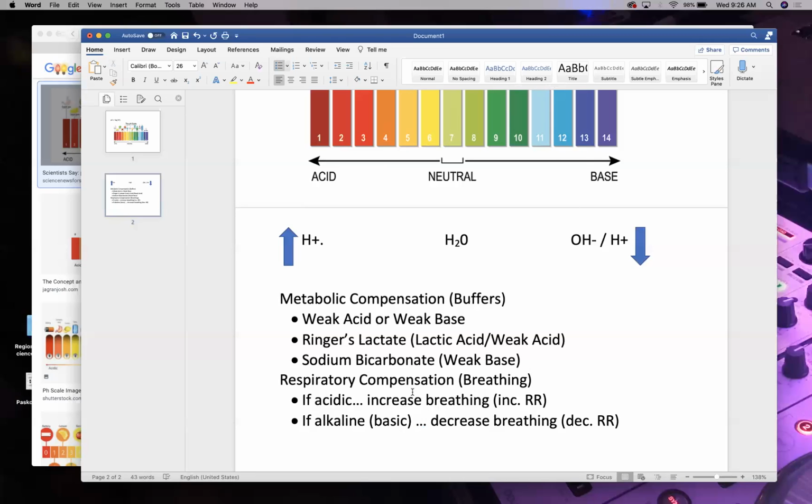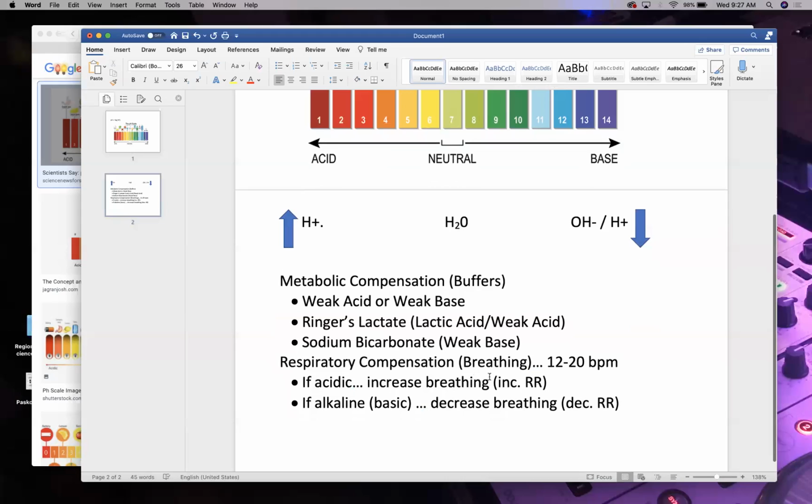Okay, so what kind of question could I ask you? I could ask you, my patient has a pH of 5. What kind of respiratory rate will compensate for it? And you'll tell me increase. And oh, by the way, just as a side note, normal breaths are 12 to 20 breaths per minute. Okay, so anything lower than 12, it's too slow.